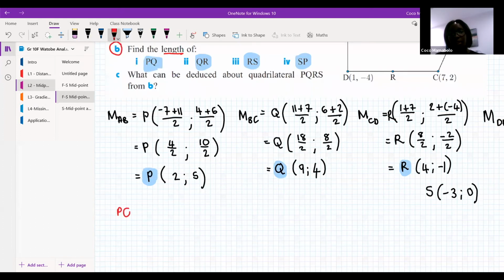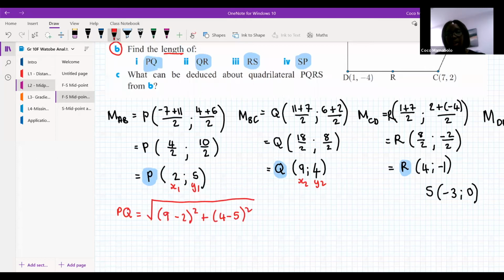So the distance PQ is equal to the square root of. Okay, I'm going to pick this as my y1, and this is my x1, and this is x2 and y2. I'm going to have 9 minus 2 whole squared plus 4 minus 5 whole squared, which is equal to the square root of 7 squared plus -1 squared.